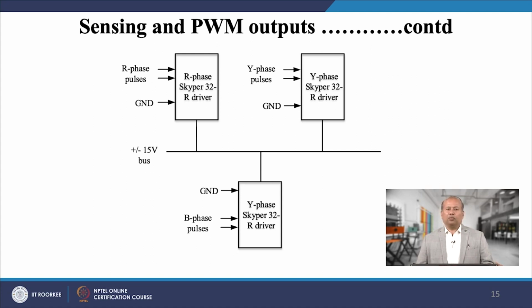Digital output pins 1 and 2 generate complementary pulses for the IGBT module of the R phase. So, these output pins 1 and 2 are connected to the input pins of the Skyper 32R gate driver, which is dedicated to the R phase of the IGBT module.